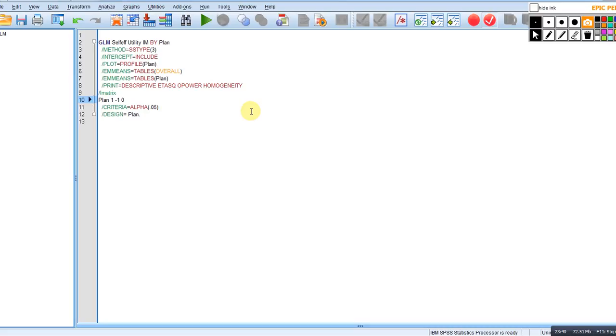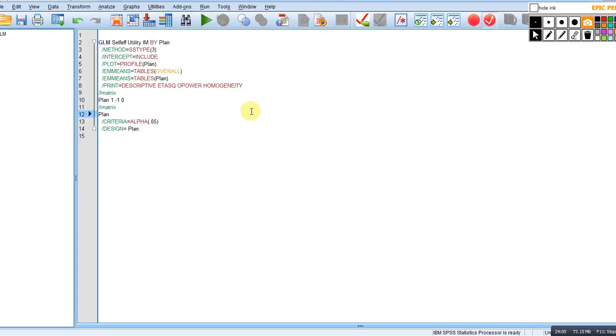Let's say I wanted to carry out a more complex contrast. I wanted to compare the average of the means for groups 1 and 2, which is basically plan to attend college in some form or fashion, versus those who plan not to.